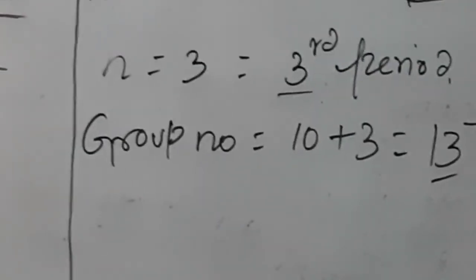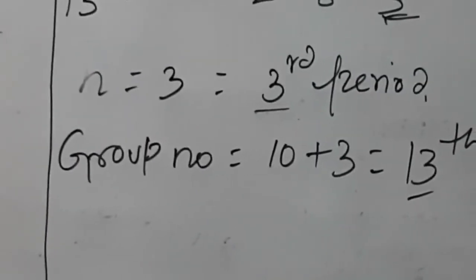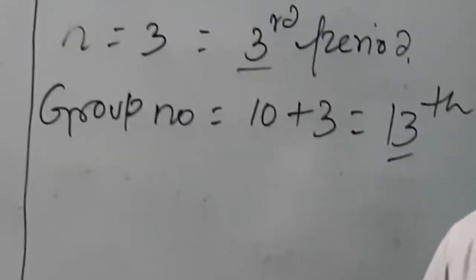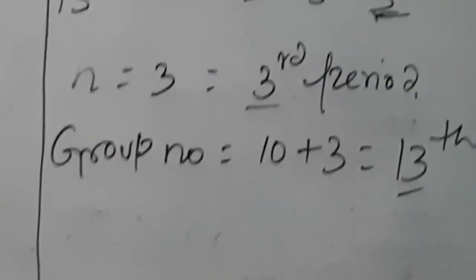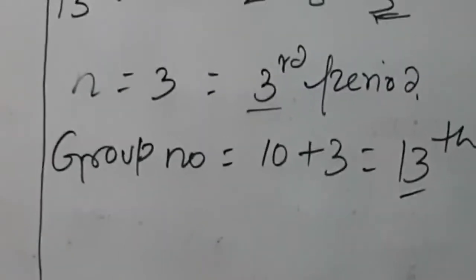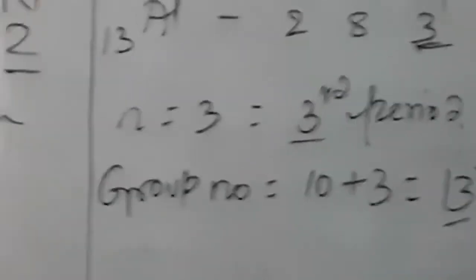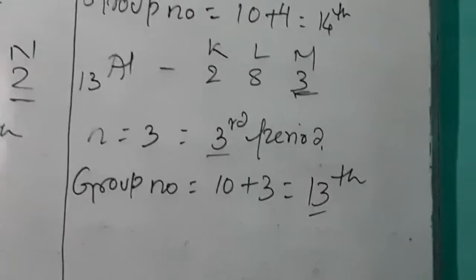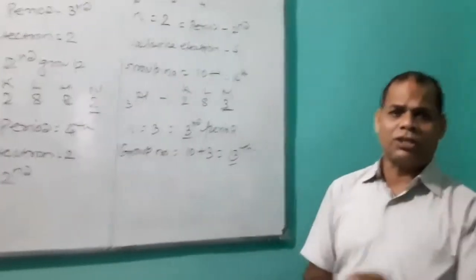Once again, what I said, in order to find out the group when valence electron is more than 2, then there is a need to add 10. Why is there a need to add 10? Why not 5? Why not 6? Why not 12? Why not 20?